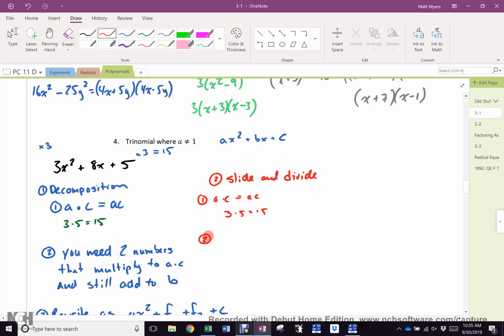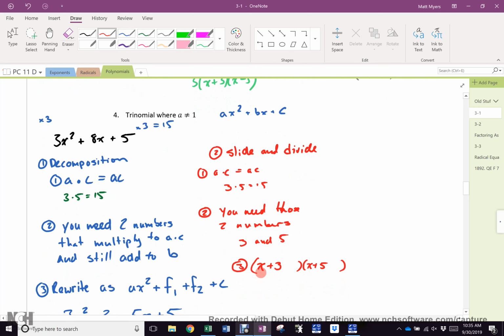Step 2, same thing. You need those two numbers. And we know that it's 3 and 5. Step 3, we rewrite as x plus 3, and we leave a space, and x plus 5, and we leave a space.